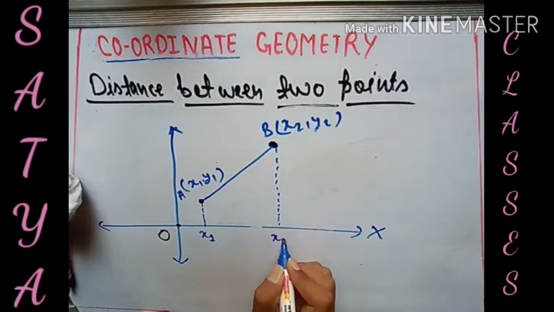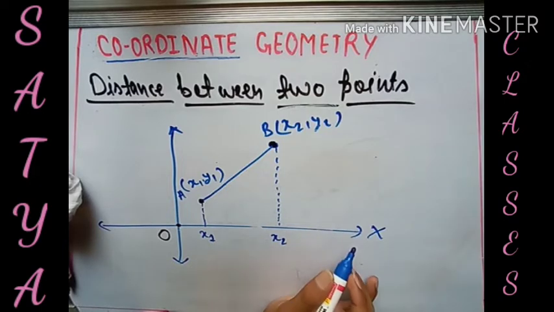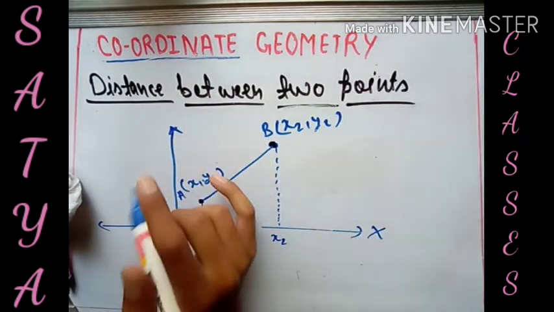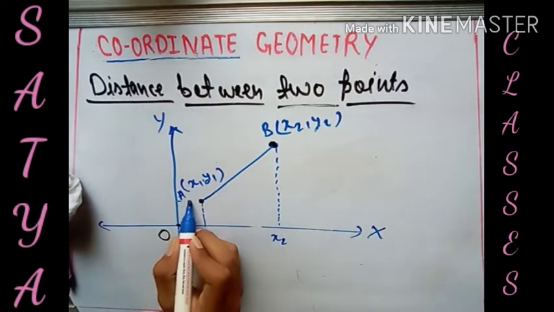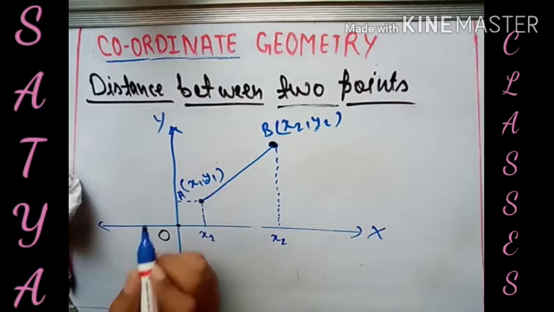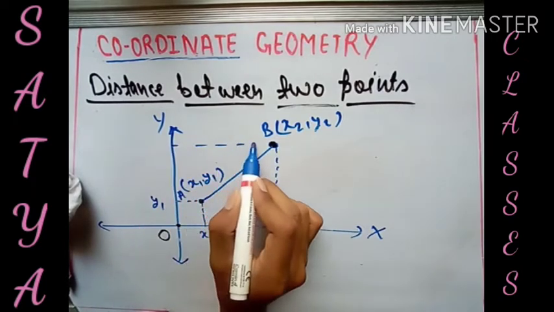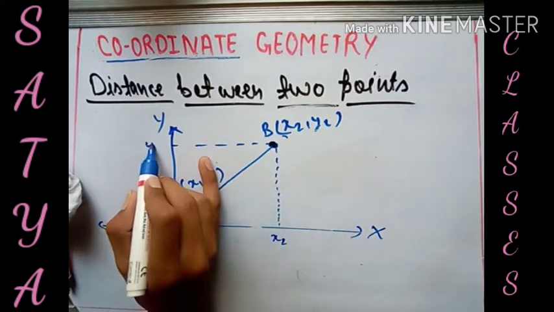Very good, x2. Understand? Now what about the y-axis? When you drop the perpendicular from point A, it becomes y1, and when you drop perpendicular from point B, it becomes y2.